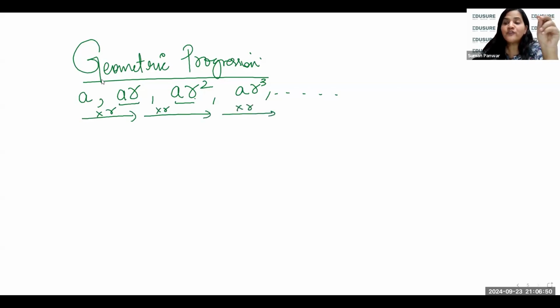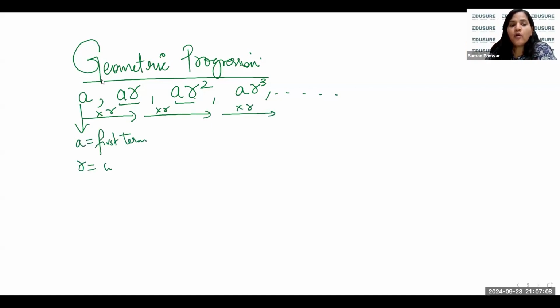So in the case of arithmetic progressions, we were adding a particular number. But in the case of geometric progressions, we multiply by a particular number. Again here a is the first term and r is called the common ratio.